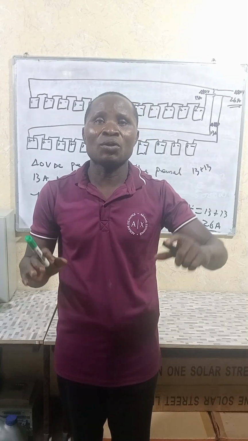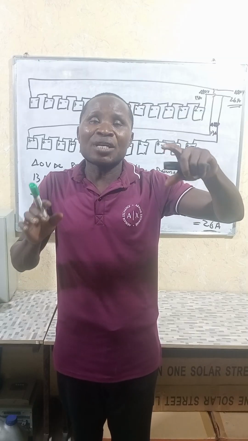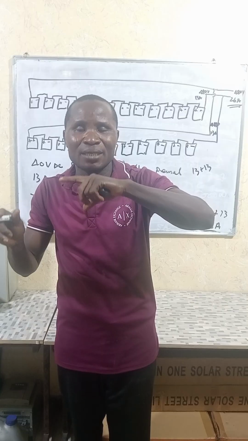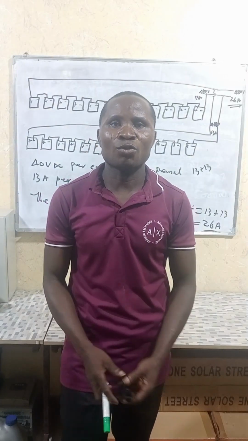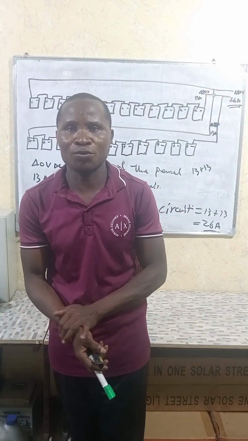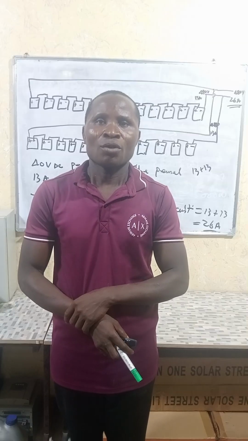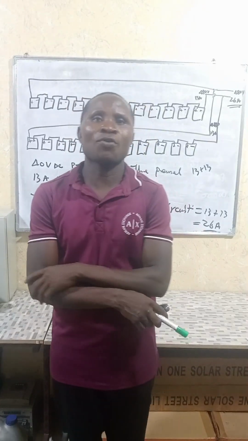That is to tell you that the cells connected inside the panel recognize the parallel connection and the series connection. The open circuit voltage is 22 to 24 volts for a 12 volt panel system, and 43 to 45 volts for a 24 volt system.